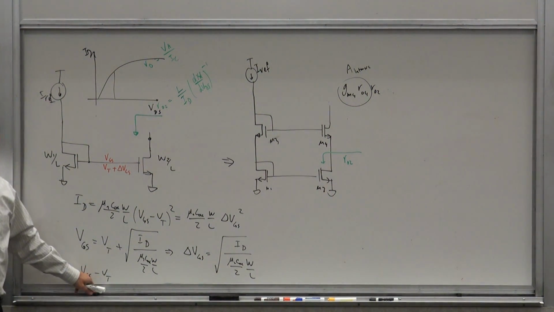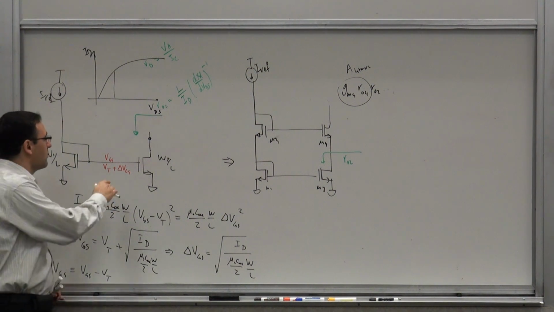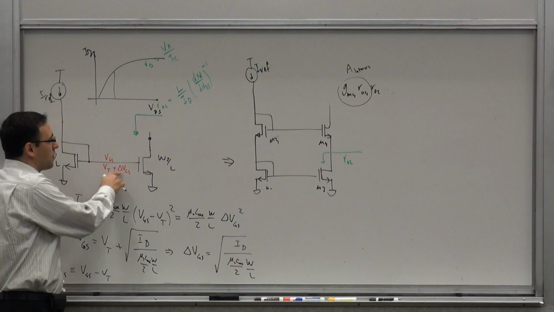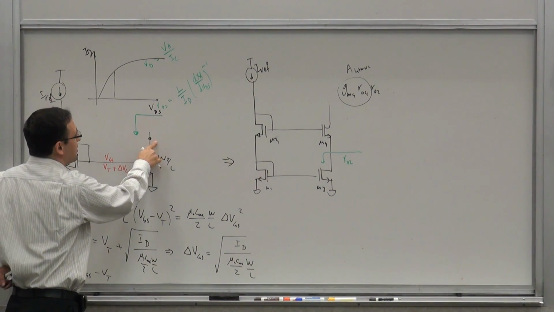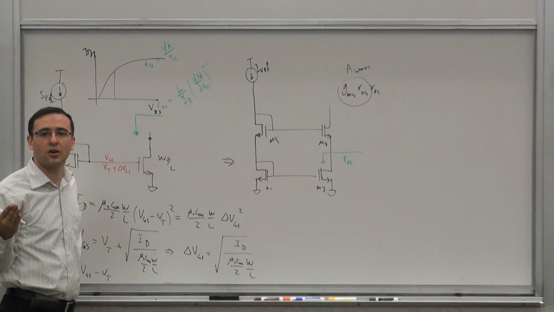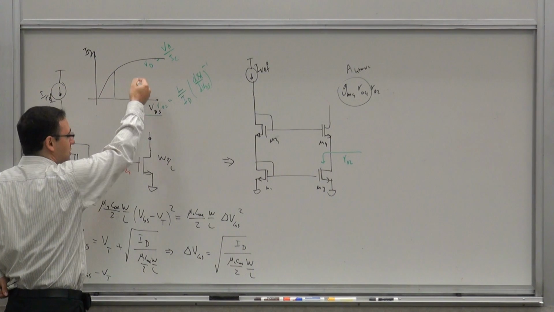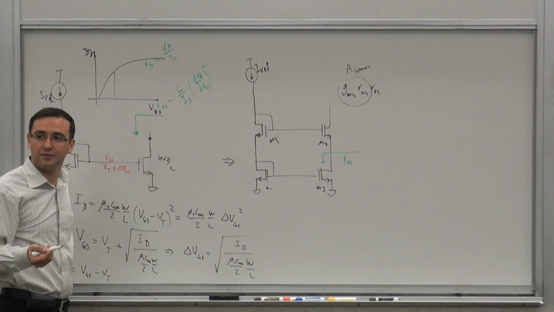So every time you have a VGS, you can write it as a VT, which is a fixed amount, plus a delta VGS, which is the gate overdrive. So for this voltage, how low can this voltage be? Or what is the voltage at which this transistor technically enters the triode region? Of course, it's a gradual transition, but we have a definition. It's the delta VGS, right?